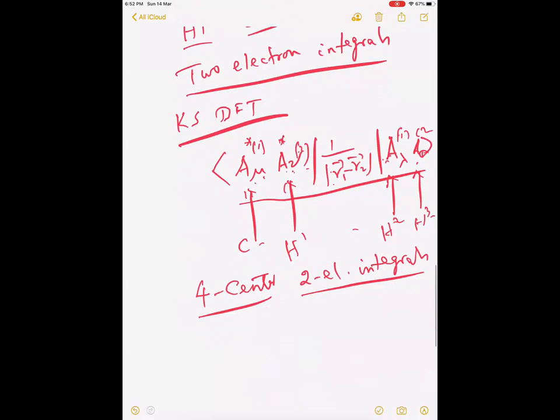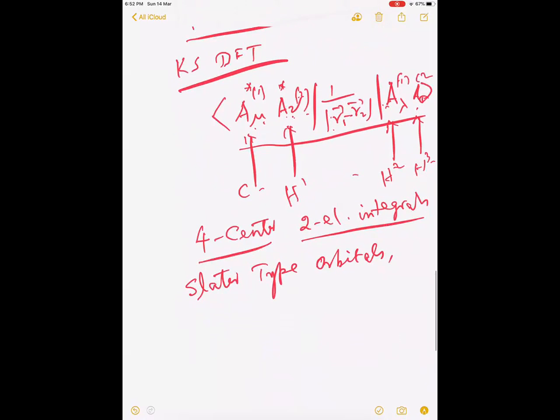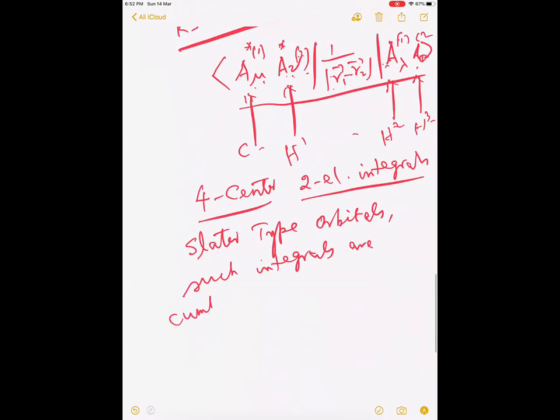It so turns out that if you use Slater orbitals, or Slater type orbitals, which are often called STOs, such integrals are very cumbersome to calculate.